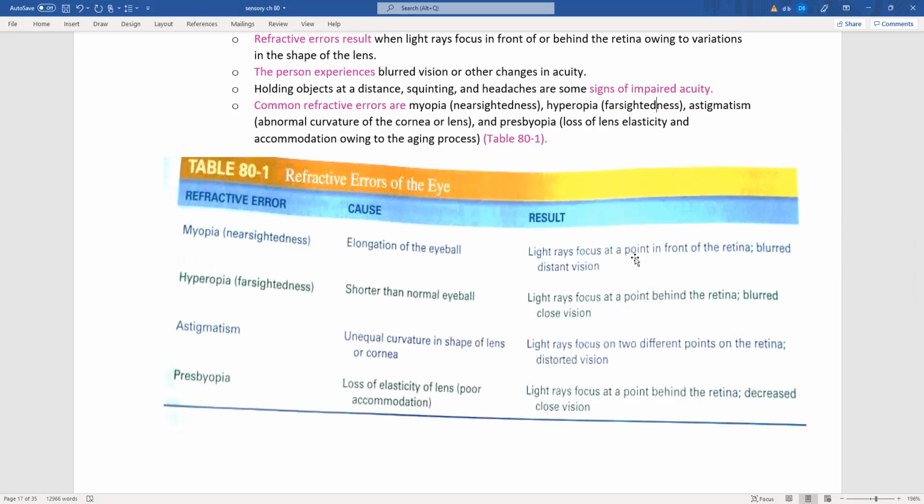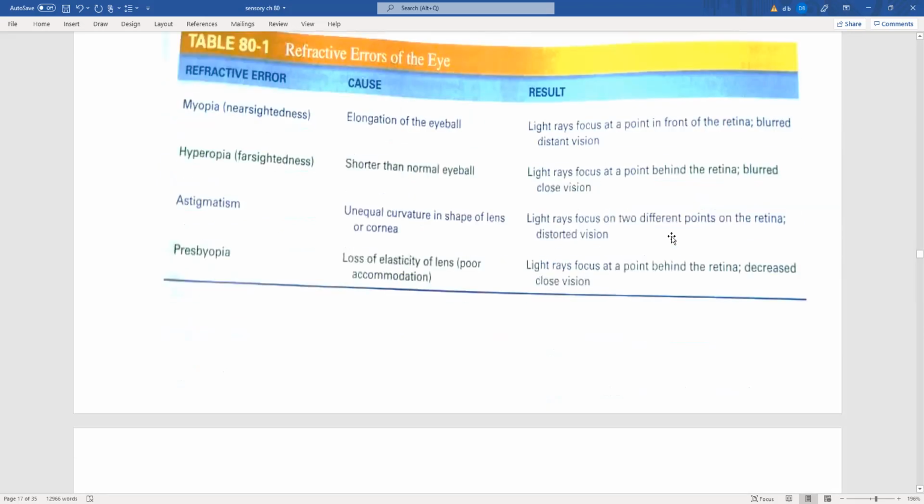The result is light rays focus on two different points on the retina, distorted vision. And then presbyopia: loss of elasticity of the lens, poor accommodation. The result is light rays focus at a point behind the retina, decreased close vision.